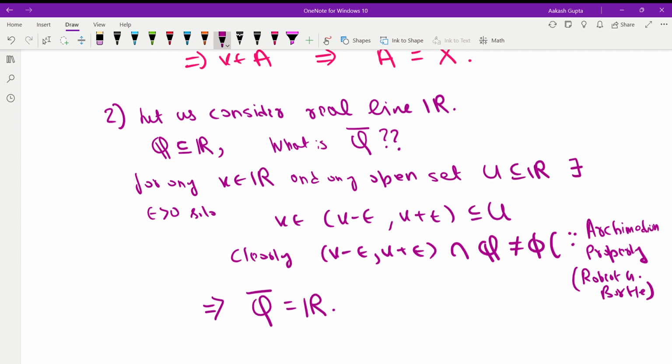This gives us a concept like the English word dense. A forest is dense with trees, because in every neighborhood you have a tree or plant.